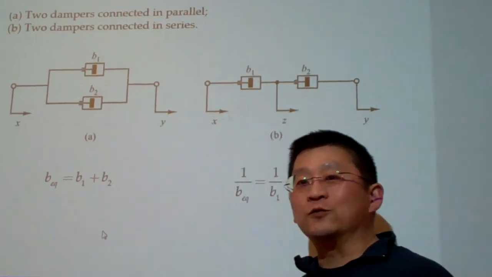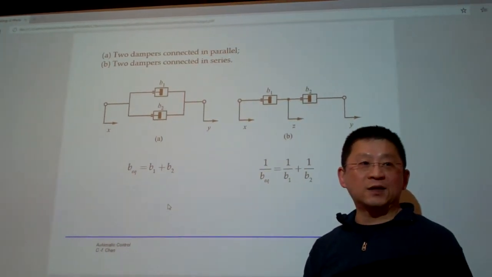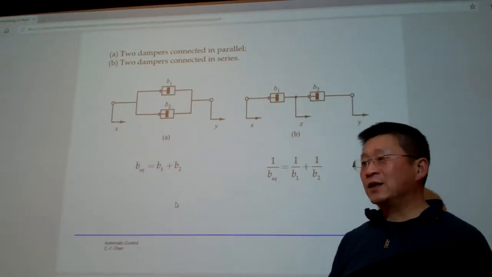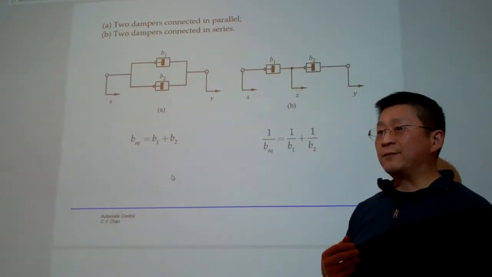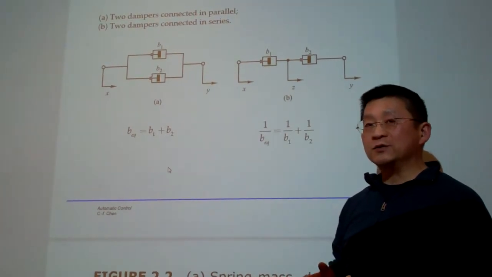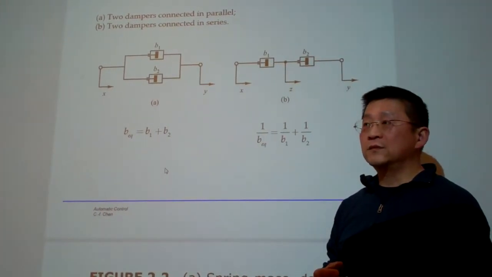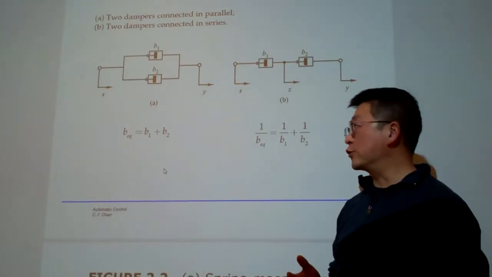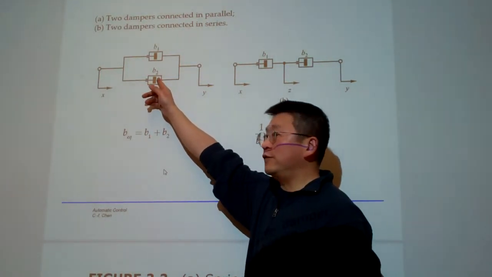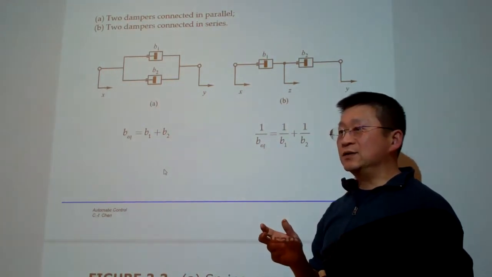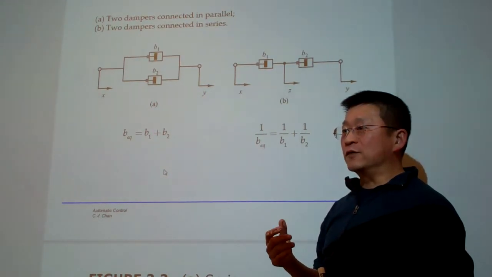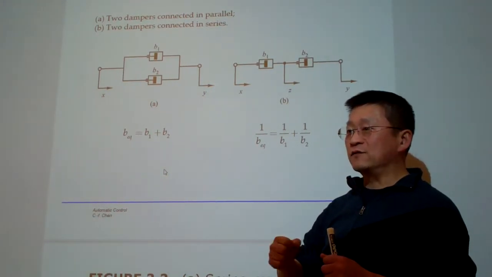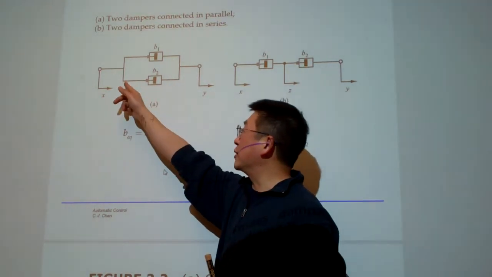You remember last time we talked about the second order differential system, zeta, which we call the damping ratio. Damping ratio is a non-dimensional number, which means it has no unit. Damping coefficient basically has unit. Basically, it is a function of the force and also a function of the speed at the two relative points.